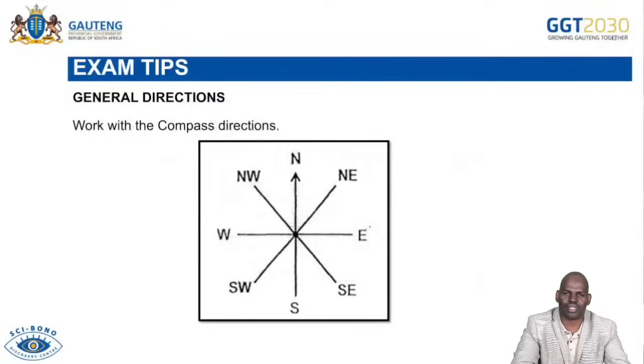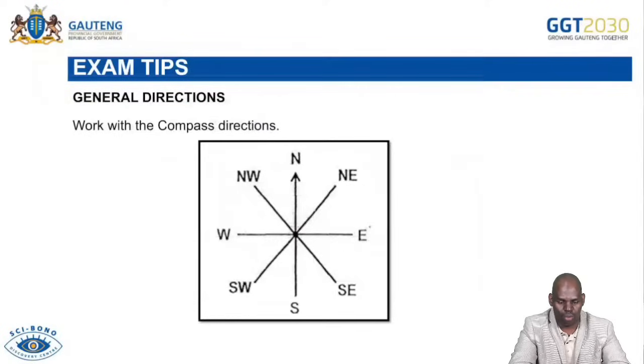Okay, general directions, boys and girls, you cannot afford to lose marks if they ask for a general direction. We always emphasize, like we saw in the past, that some learners, when they are asked for general directions, explain how to get there. But when they say general direction, they are actually referring to a compass direction.